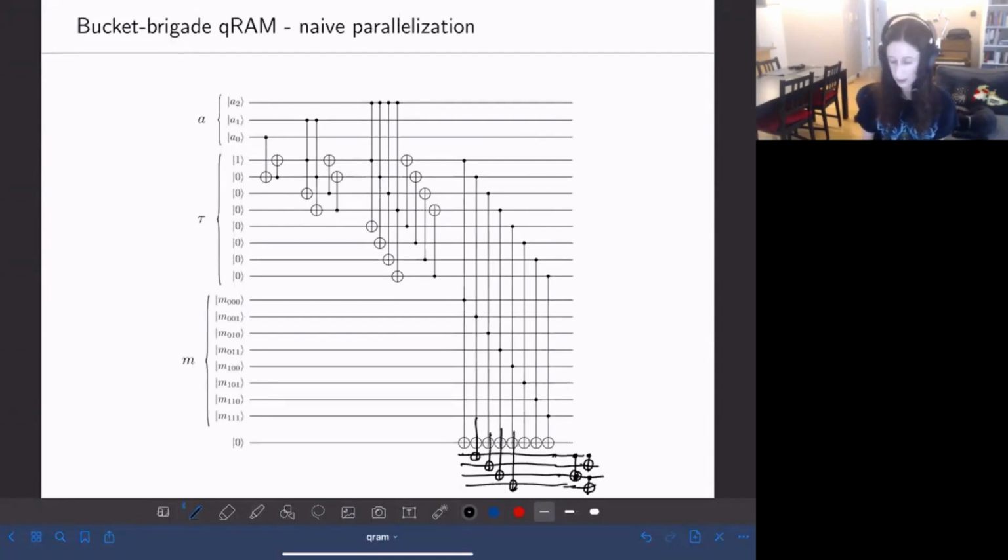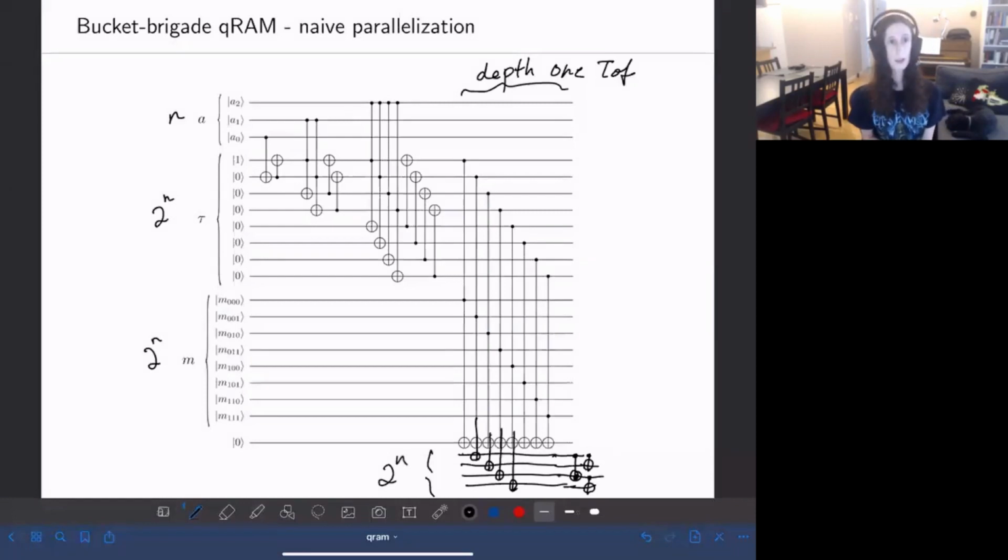So you can see now that we're no longer going to have a depth that scales exponentially with the number of address bits. This would just be the depth of one Toffoli. But you're still going to have 2 to the n qubits, 2 to the n qubits, and now you've brought in another 2 to the n qubits to effect the parallelization.